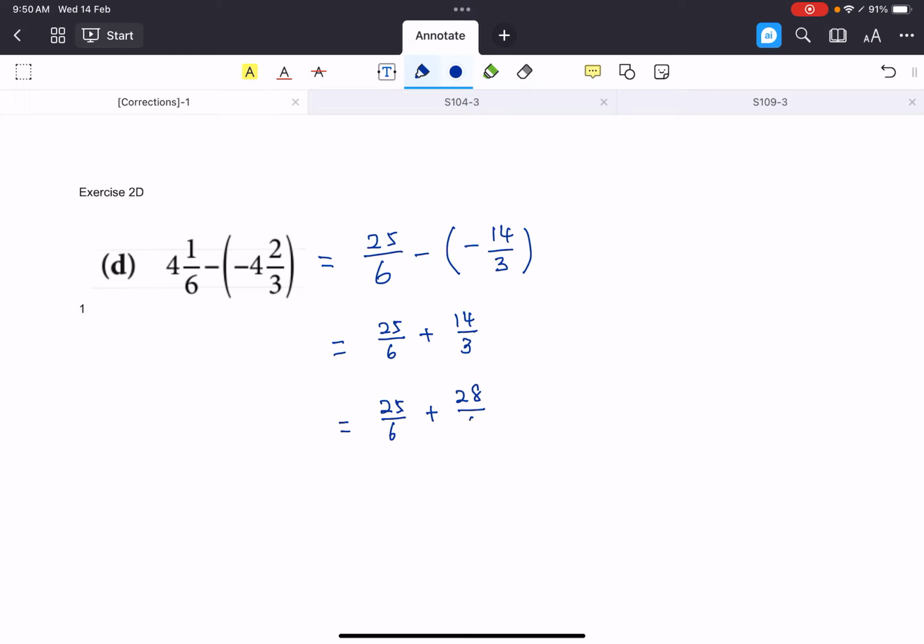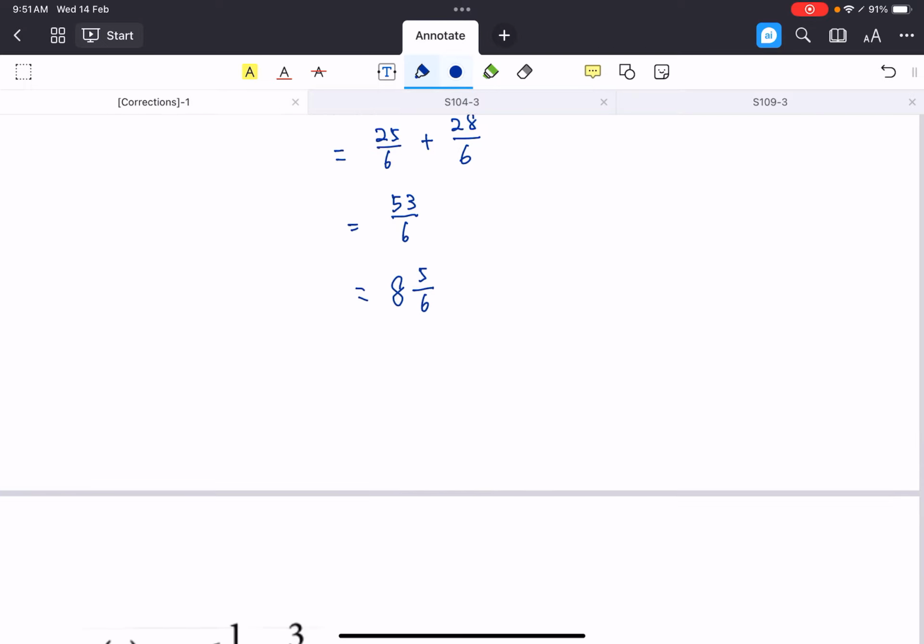So 28 over 6. Putting them together, 25 plus 28 gives us 53. So we have 53 over 6, which will return the value 8 and 5 over 6. Okay, so that's the first question.